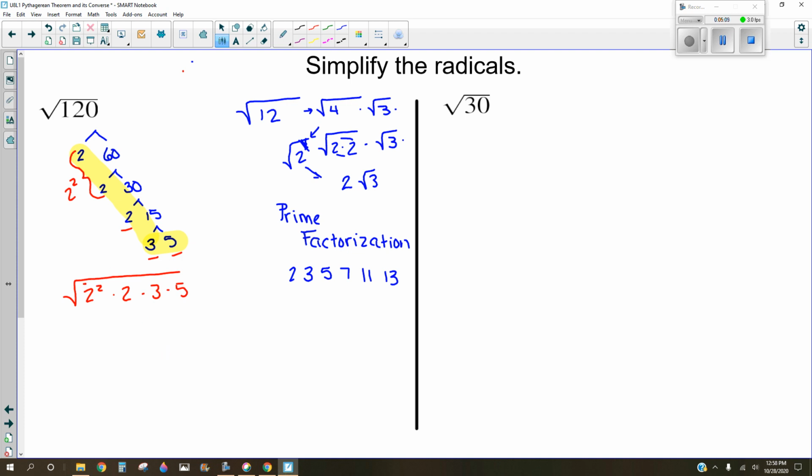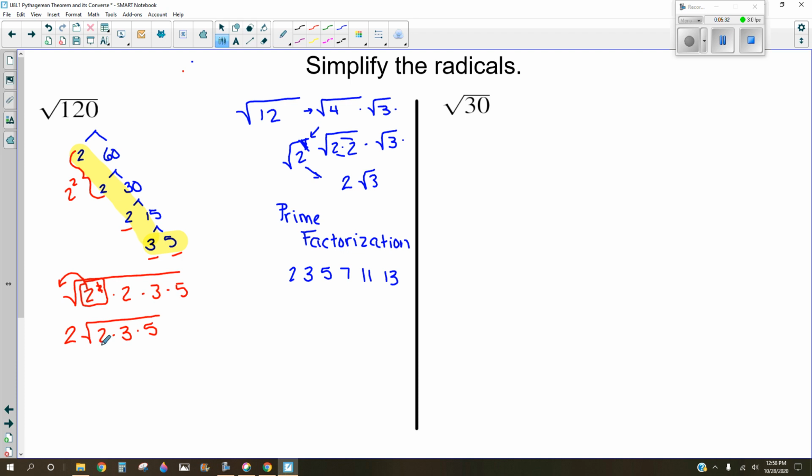Now, anything to the second power, we talked about how the square is going to cancel and that number is going to move outside. So I'm going to have a 2 on the outside. Then I'm going to have my radical, and I have a 2 that was by itself, a 3 by itself, and a 5 by itself.